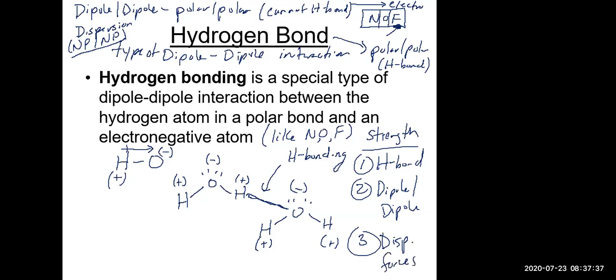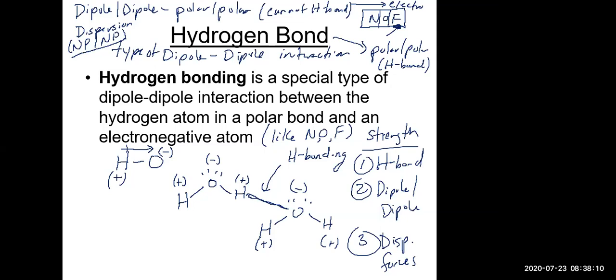And how does that relate to something like boiling point, for example? Typically, if you're comparing two compounds or molecules, and one of those has the ability to hydrogen bond, while the other could only do dispersion forces, and you had a question asking which one would have the higher boiling point, it would be the one that has the ability to hydrogen bond.